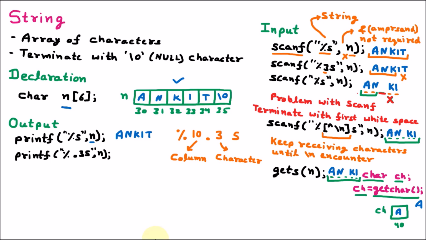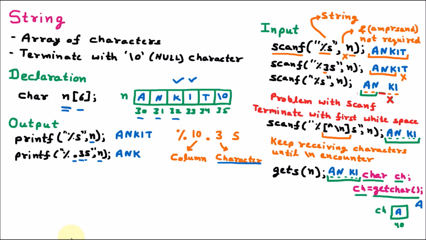Here, dot and after the dot 3 means we take 3 characters of the string from n. We know that n has size 6 and holds the string Ankit. From that we take 3 characters. The first 3 characters are A, N and K, so on the output screen we will have A, N, K.